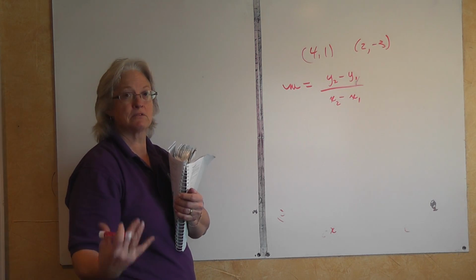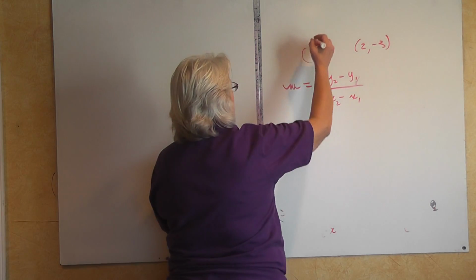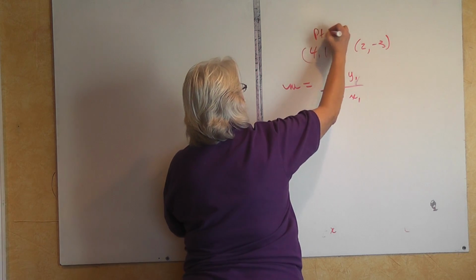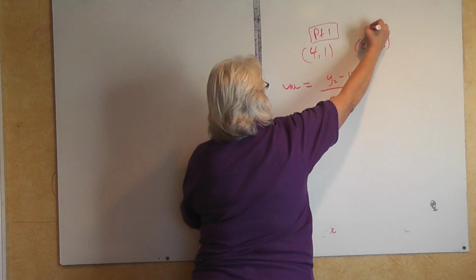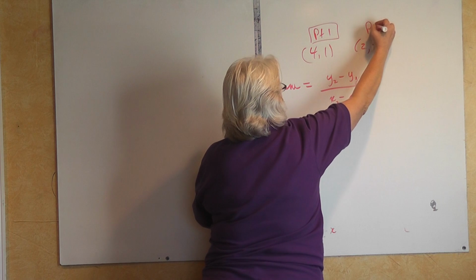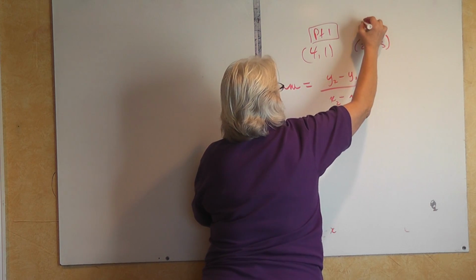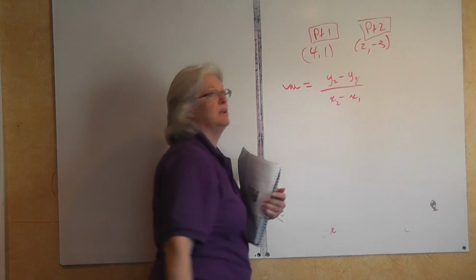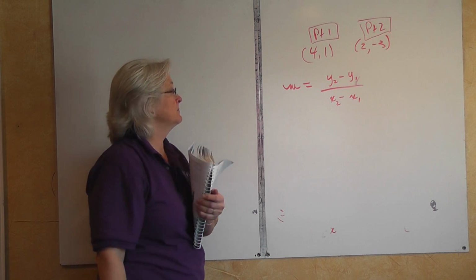So how do we know which is point 1 and which is point 2? We're going to just define (4, 1) to be point 1, and the ordered pair (2, -3) to be point 2.